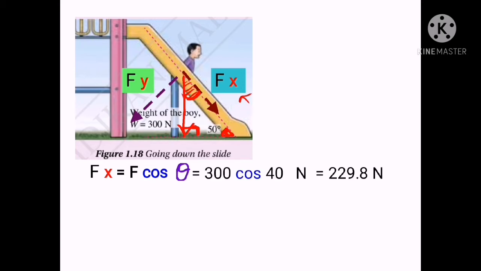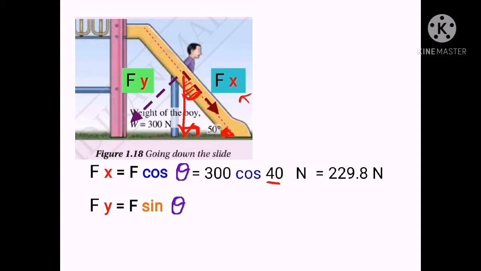So my F, I substitute it as 300. My theta is 40. So my Fx is equal to 300 cos 40 Newton, and that is equal to 229.8 Newton. Now let's calculate Fy. So my Fy is F sine theta.